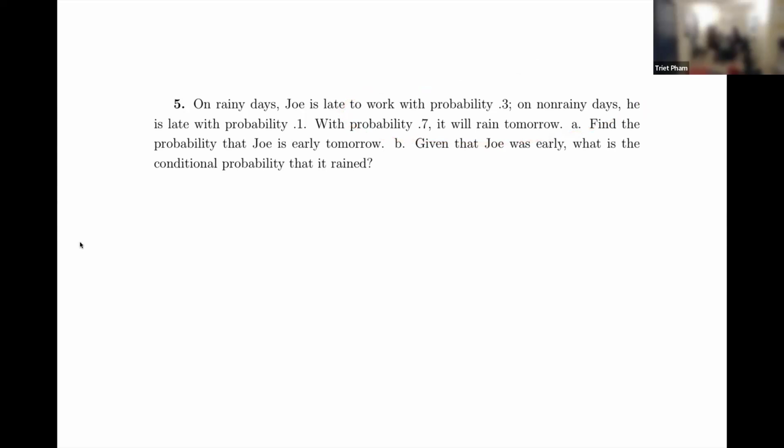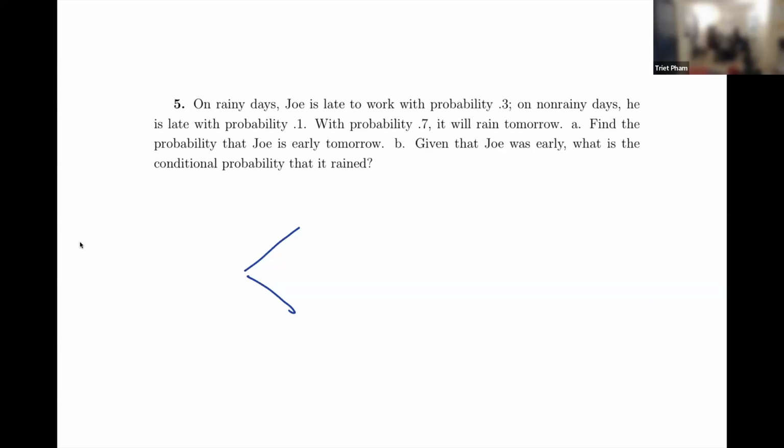With what event? Your tree would start with what?